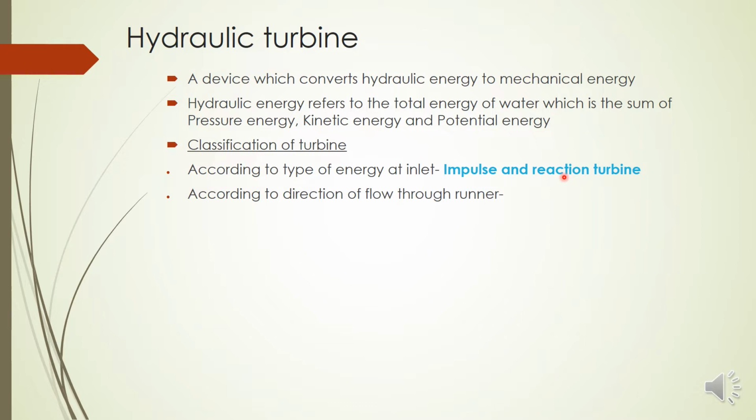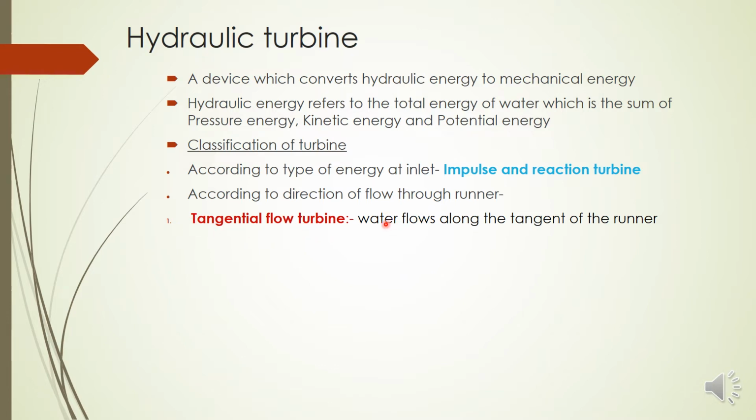Then another classification is according to the direction of flow through the runner. The rotating part of the turbine where the blades are connected is known as a runner. So according to the direction of flow, how can we classify the turbine? We have four classifications. First one is tangential flow turbine. What do you mean by tangential flow turbine?